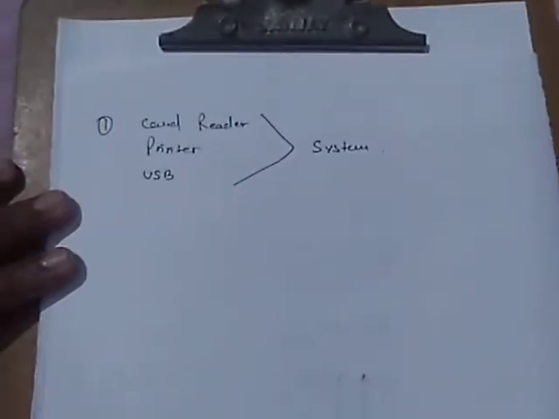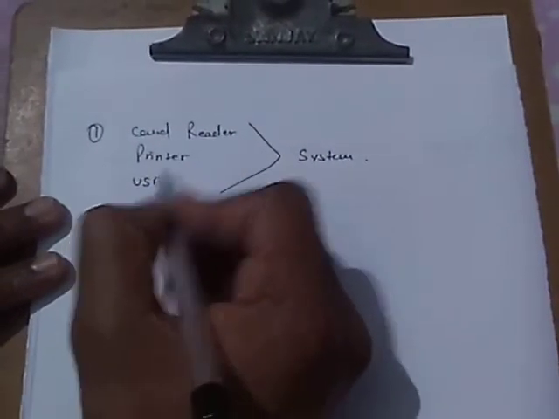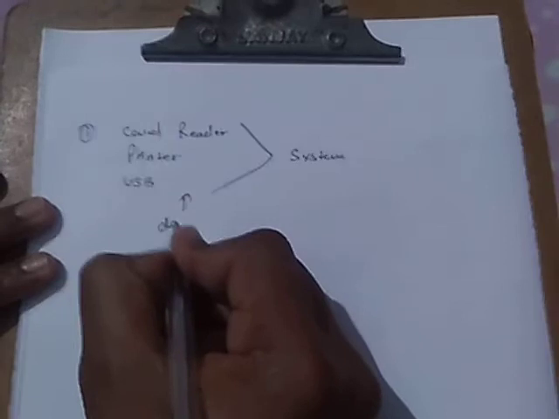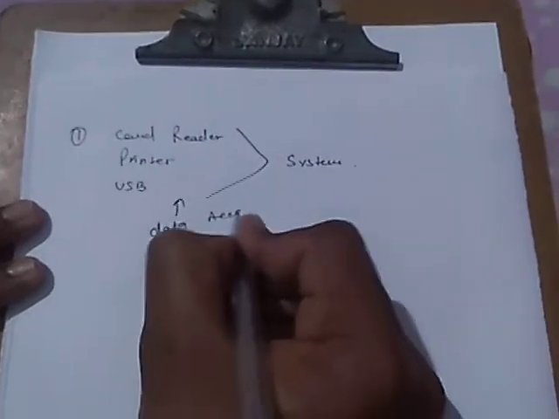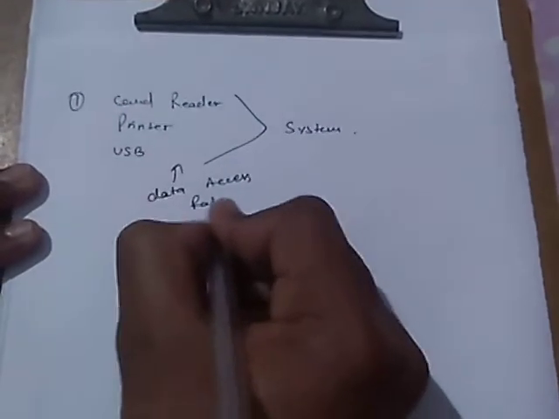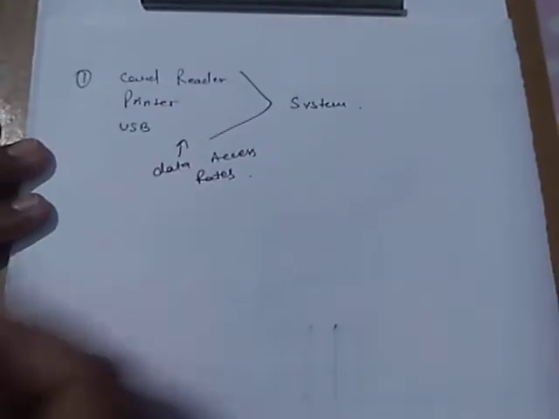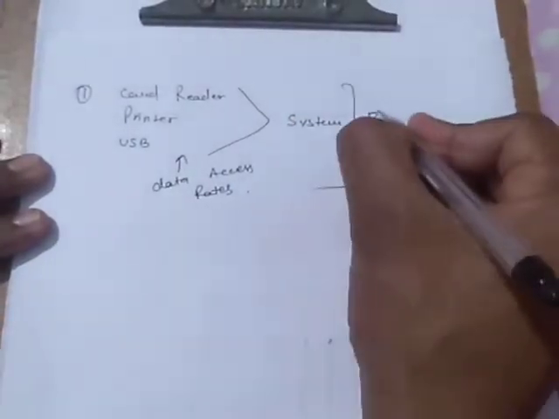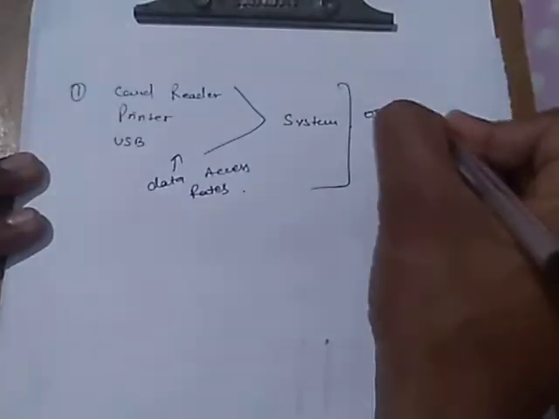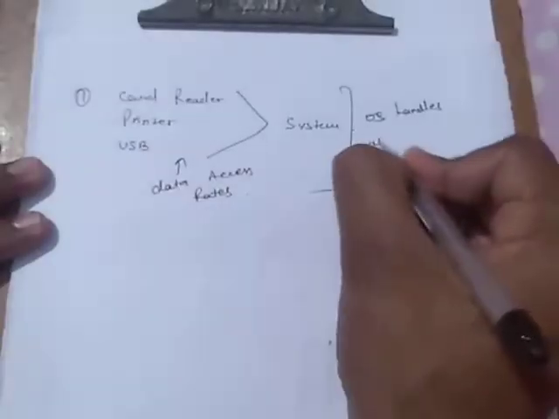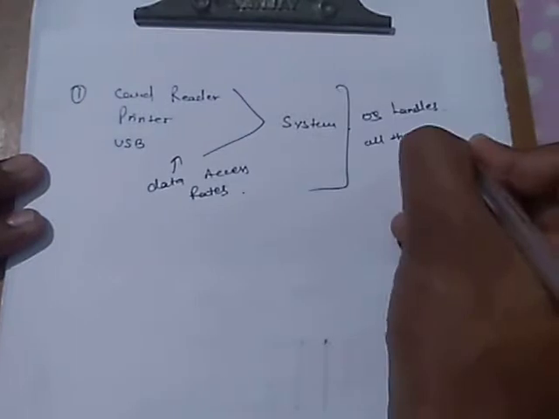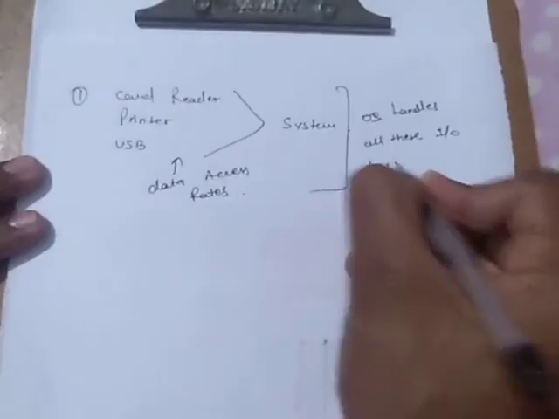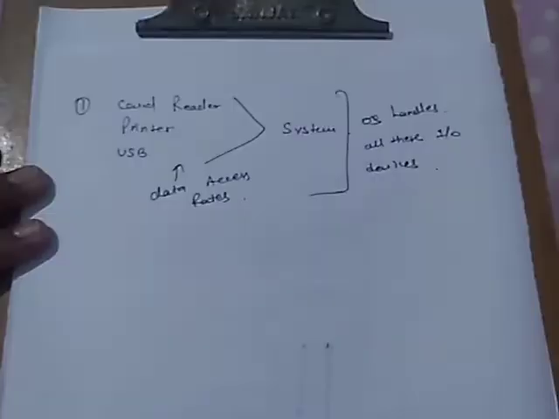So one thing you must remember, that all these have different data access rates. So operating system has to handle all these input output devices to do spooling.